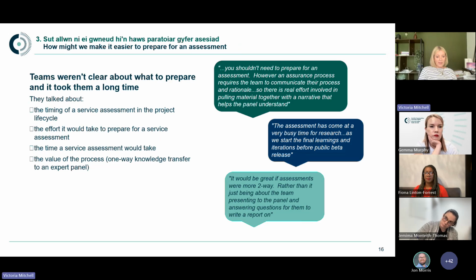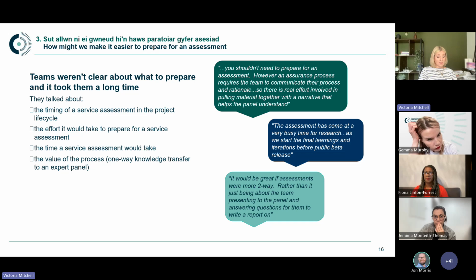Number 3, how might we make it easier to prepare for an assessment? During our research, concerns were raised about what to prepare and the expected time burden of preparing and also the assessment itself. The kinds of things that people talked about were being ready for a service assessment and the effort that it would take to prepare, the time a service assessment would take.